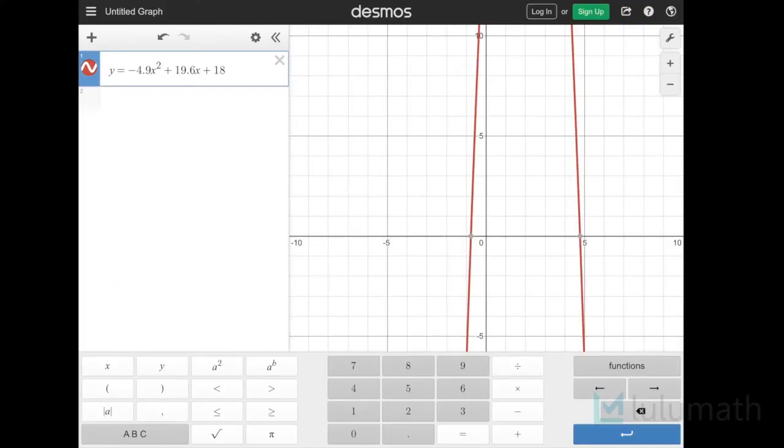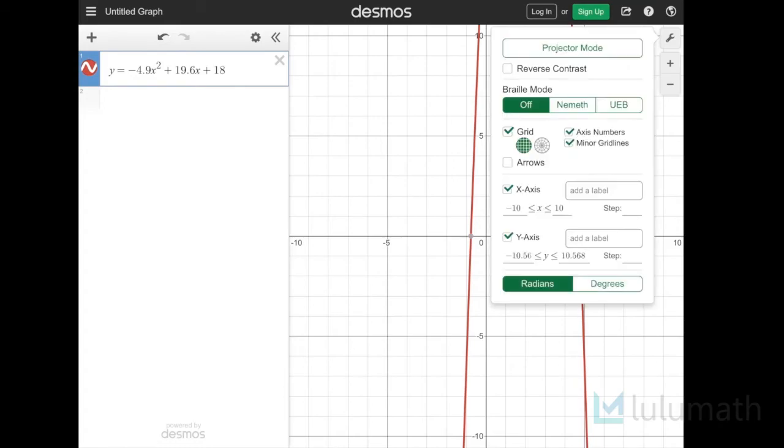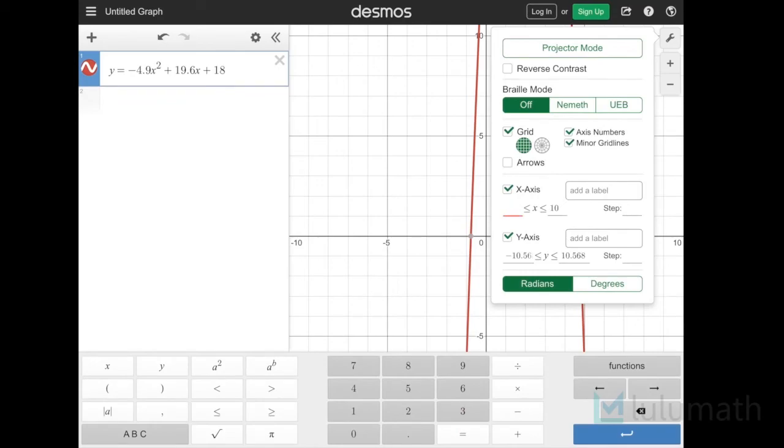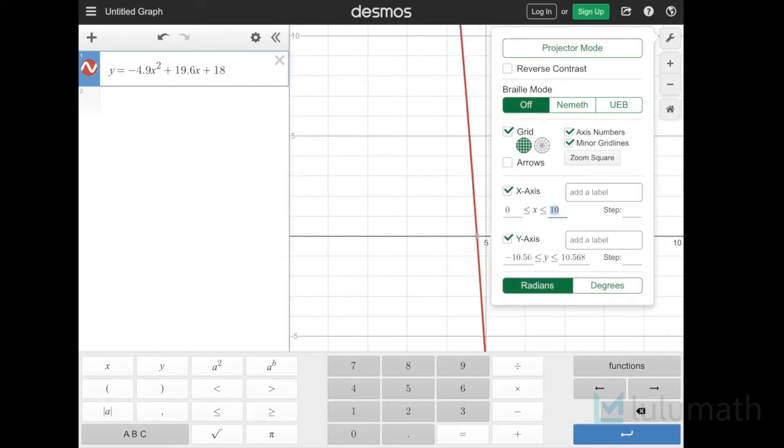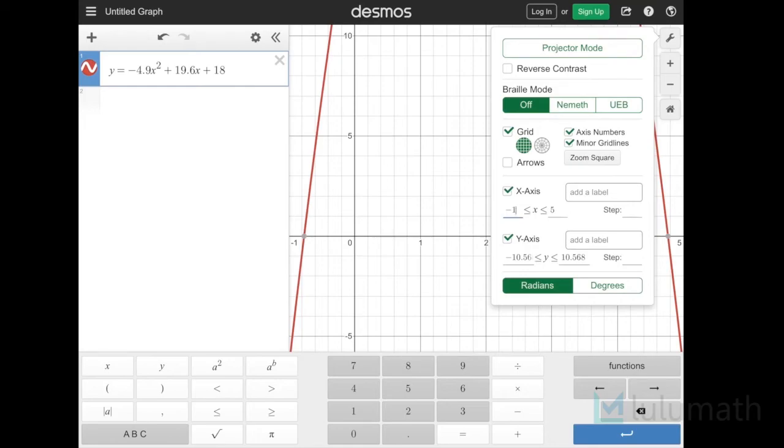If you see, when I plug this graph into Desmos, I don't really have a good picture of what's going on. So we're going to restrict the domain and the range so we can have a better picture of what's going on in our graph. I'm going to adjust my x-axis to go from 0 to, we know it goes to 4.77, so we'll say it goes to 5. And we'll say from -1 to 5 so we can see the y-axis.